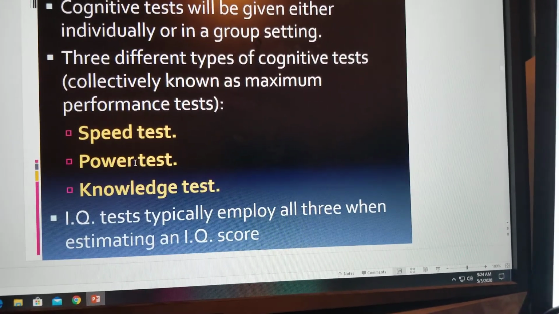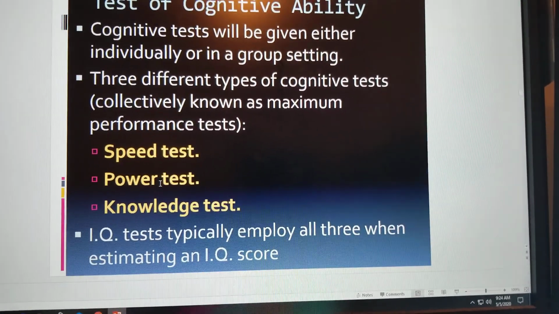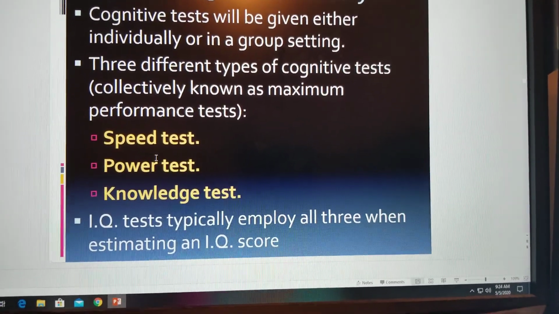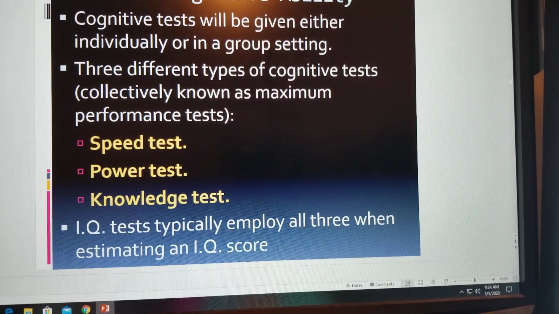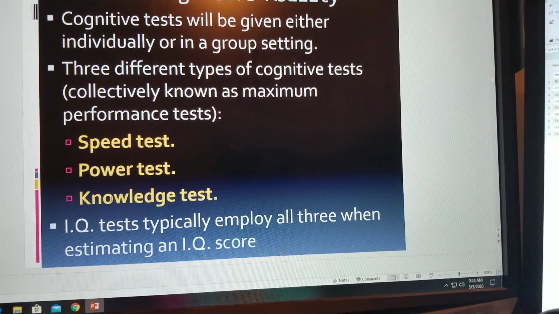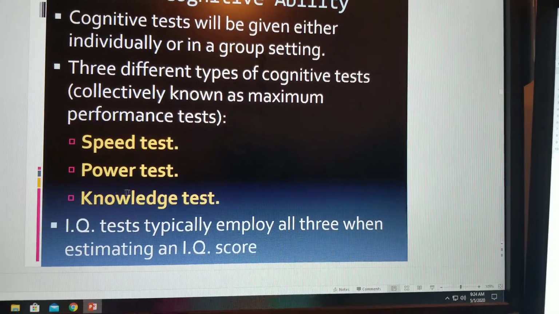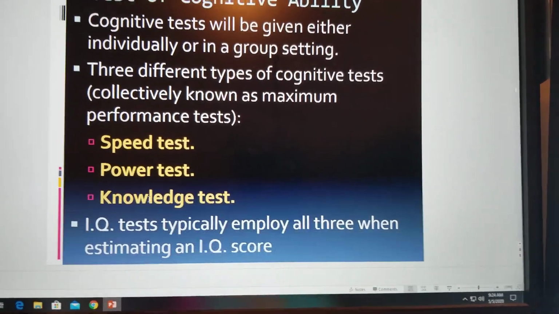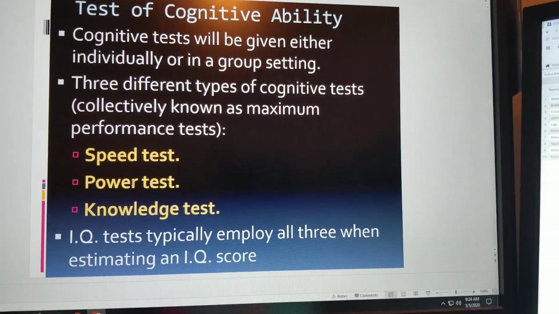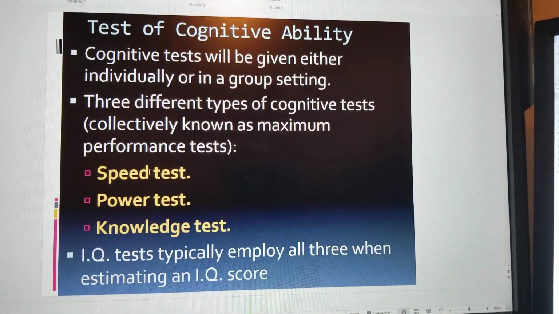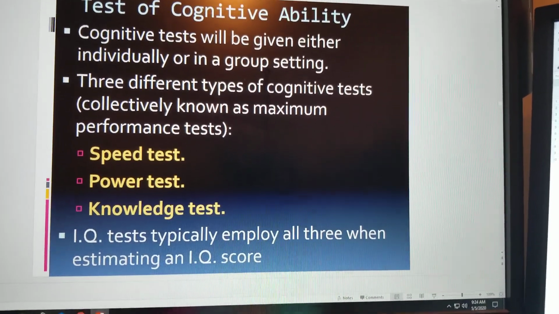A power test, those are your difficult questions, higher level thinking, your short answers, your essay. And knowledge is, once again, narrow spectrum, how well do you know the information? It should not require a lot of thought process and not higher level thinking like the power test. So those are your 3 that they do for cognitive.